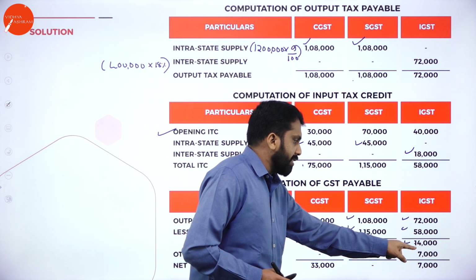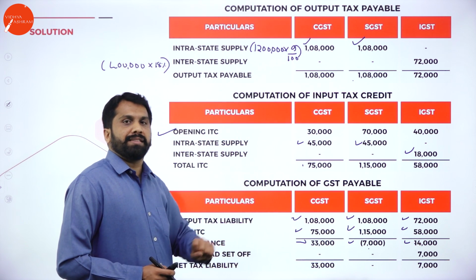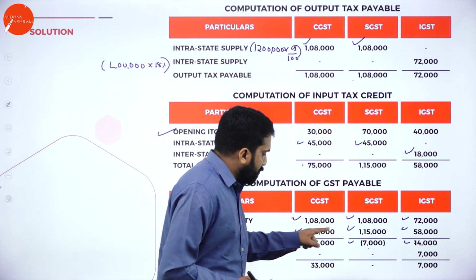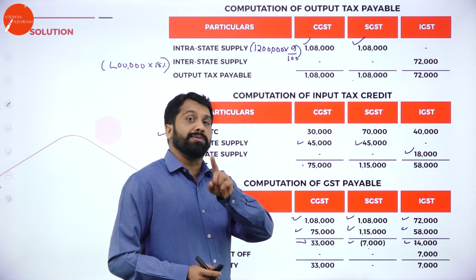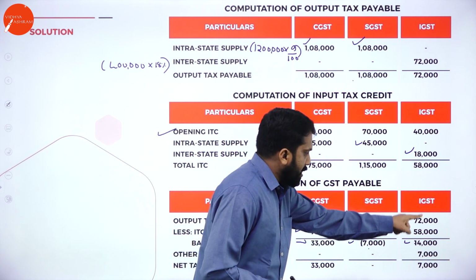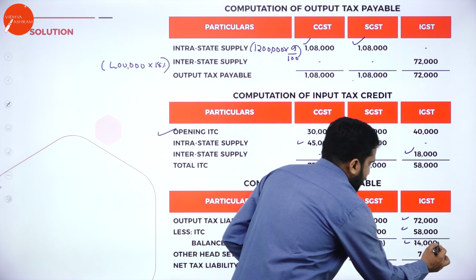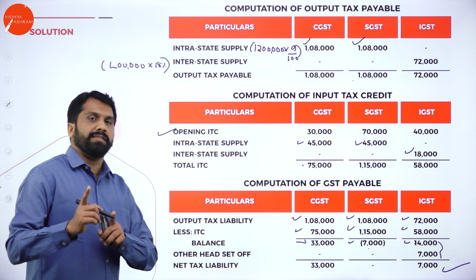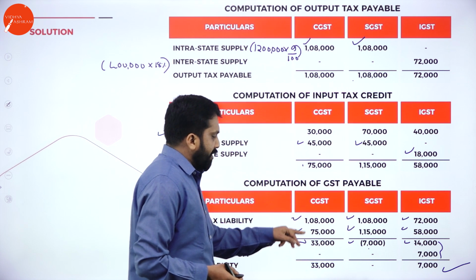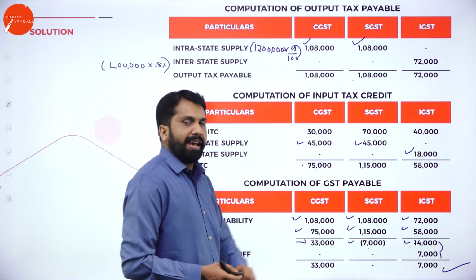This 14,000 he can borrow from this person also, he can borrow from this person. But this person has shortage, but this person has 7,000 excess. So he borrowed 7,000 from him. 14,000 minus 7, the balance payable is 7. Clear? Yes. First person still he has to pay 33 because he cannot borrow from anyone.